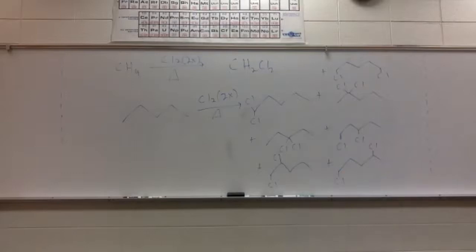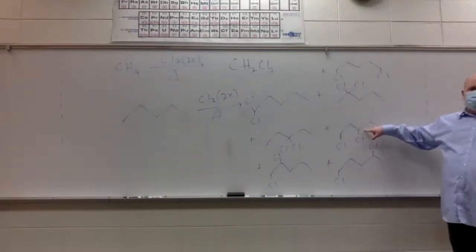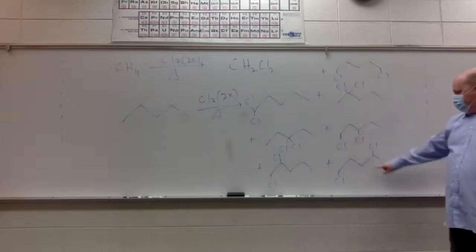The larger point is that when you start to do dichlorinations, trichlorinations, whatever, multiple, it tends to get really messy really fast. And that's not even taking into account stereochemistry. Oh Lord. Like this one, this would have 2 stereoisomers. This one would have 2 stereoisomers.